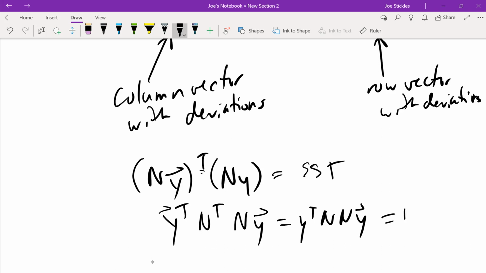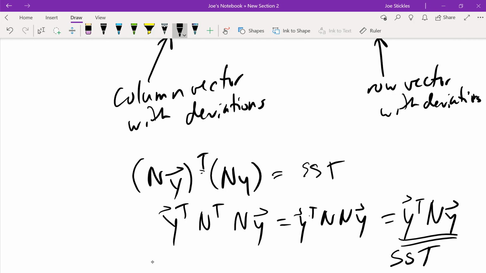N. So I can simplify that. So this piece right here is your SST. So it gives you a way to calculate your total sum of squares using matrix multiplication.